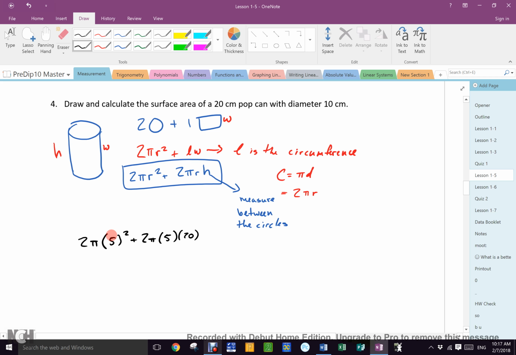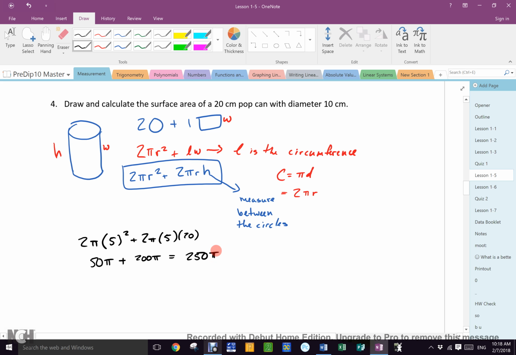What do we do now that we're in the 10th grade and going forward? We're going to leave it as pi. So, what's 5 squared? Times 2? 50 pi's. Yum. Plus, what's 5 times 20? Times 2? 200 pi's. Yummier. I had 50 pi's, and now I have 200 pi's, so how many pi's do I have?